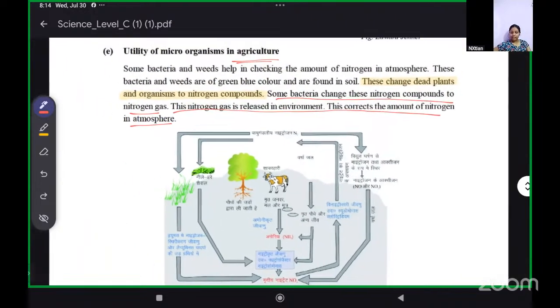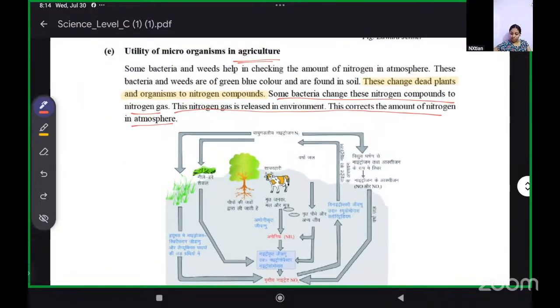What happens is that we have dead plants and animals, dead organisms.